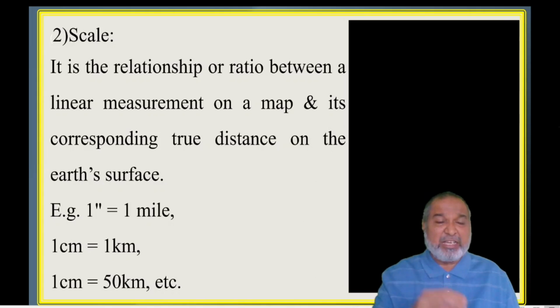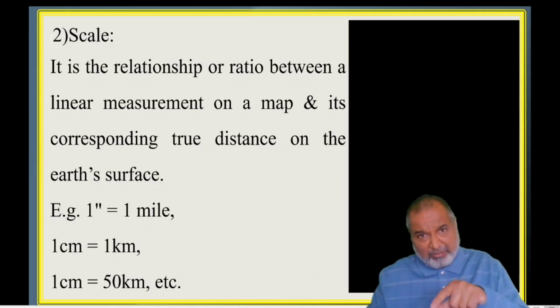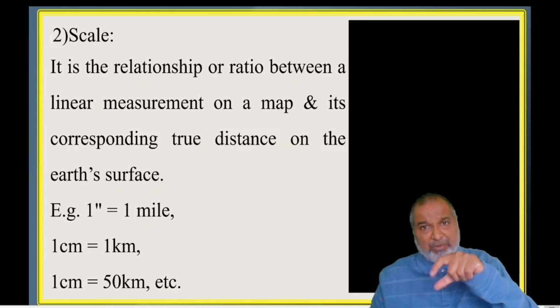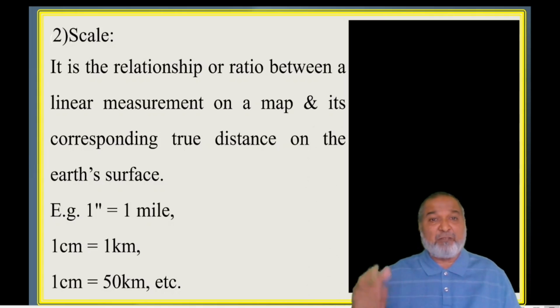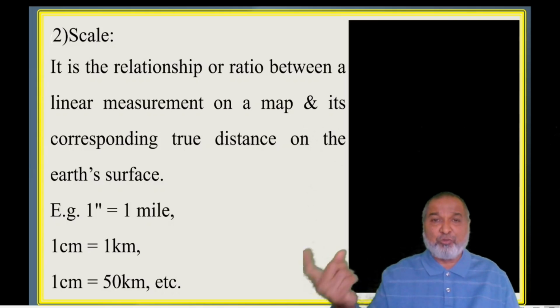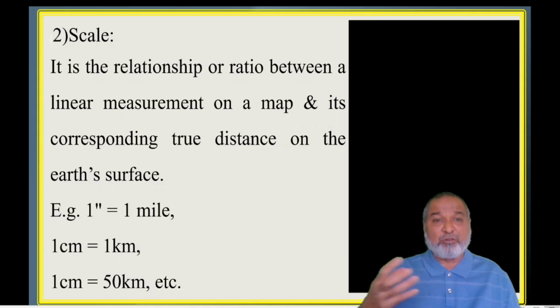So here it is the relationship between a linear measurement on a map, the distance on the map between Pune and Bombay, and the corresponding true distance on the ground. So it can be 1 inch equal to 1 mile, 1 centimeter equal to 1 kilometer, or 1 centimeter equal to 50 kilometers.